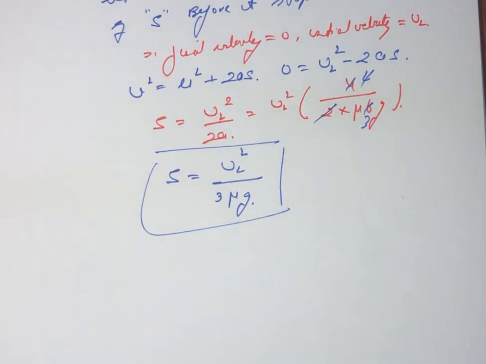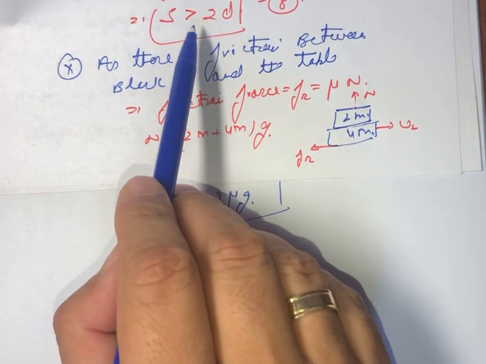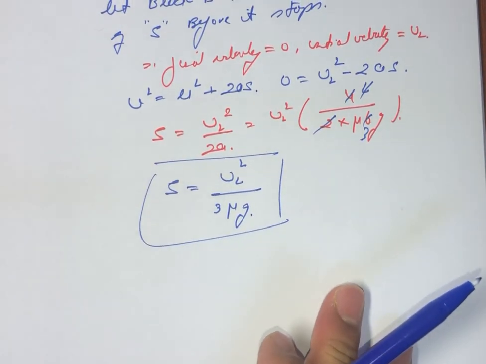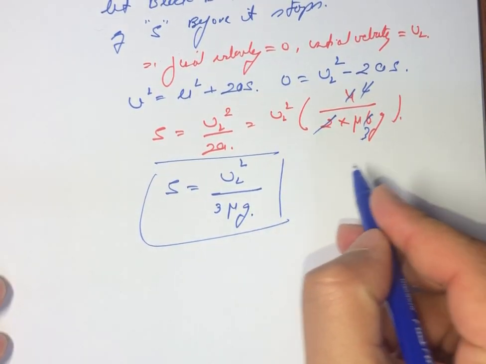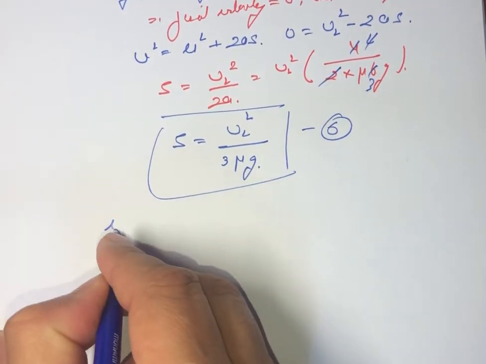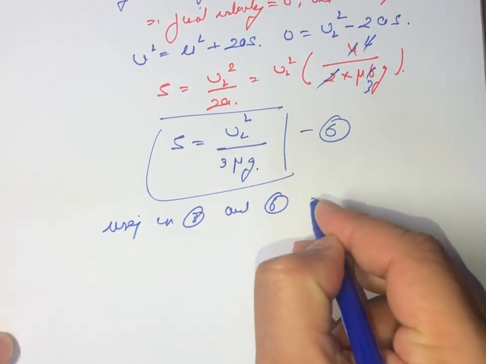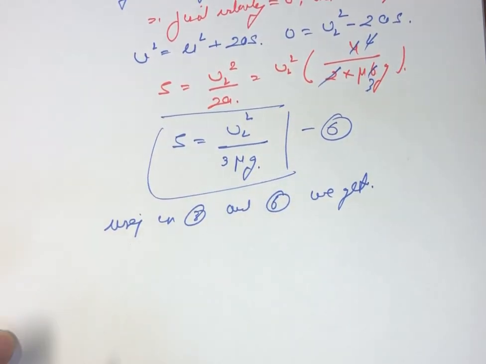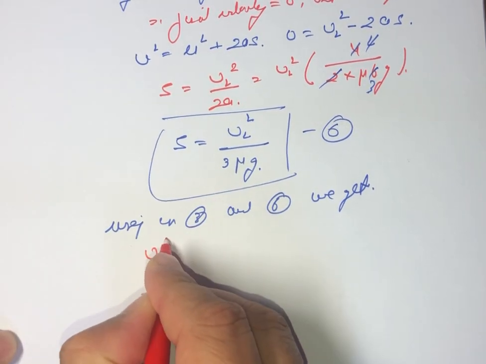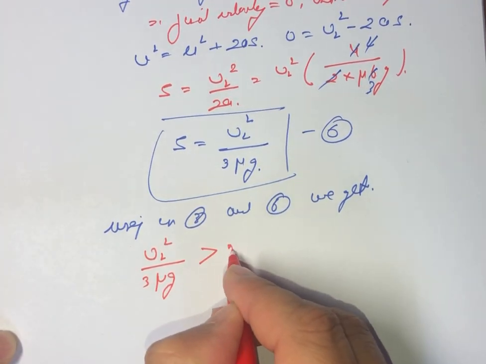Now we already know that for the topple, s should be greater than 2d. So let us call this equation number 6. So using equations 3 and 6, we get v2 squared upon 3 mu g is greater than 2d.